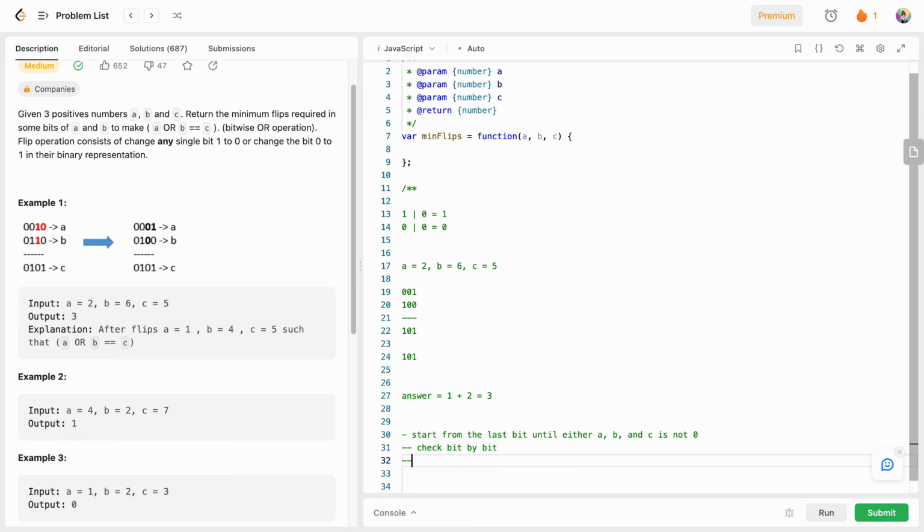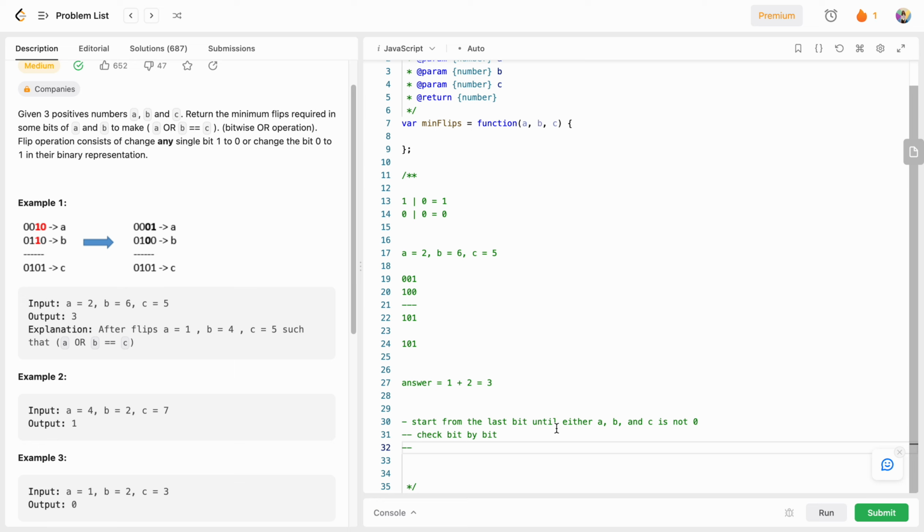And while we are checking our last bit, if the last bit of C is equal to 1, let's say, which means that at least one of them should be equal to 1, right? So if both of them are 0, we only have to change 1. If one of them is 1, then we don't have to change anything, right? So the maximum number of flips we would need to make is only 1.